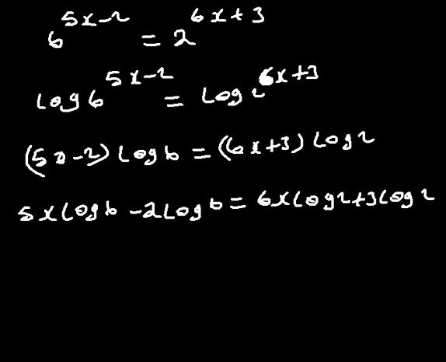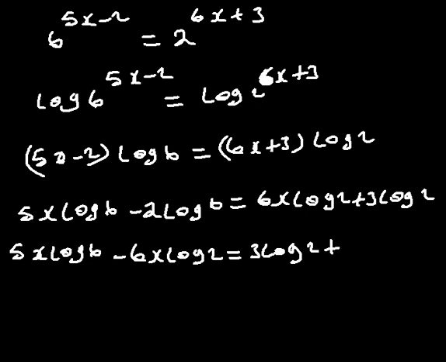Then we bring those with x together, since we're looking for x. So we have 5x log 6 minus 6x log 2 equal to 3 log 2 plus, since we transfer this, 2 log 6.